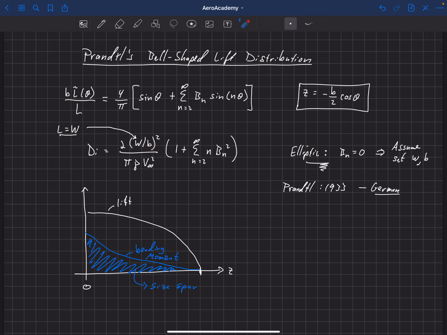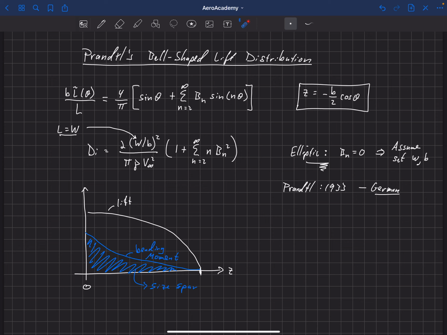This is now aerostructural coupling, where we're talking about how the aerodynamics affect the structures, the spar, and the structures can be a very complex problem. And so it's hard to solve this analytically, and of course Prandtl was solving this in 1933 without a computer. So his first crack at this was to simplify the problem a little bit and look at a simple case.